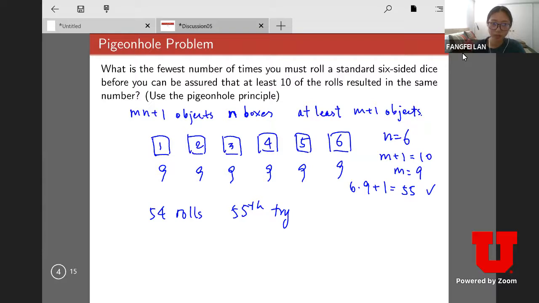So that's why, intuitively, that's how we explain these 55 rolls to get 10. It doesn't matter which one your 55th try actually ends up in. We're going to have one of the boxes have 10 rolls. Any questions?